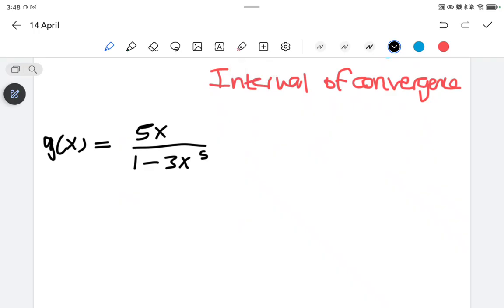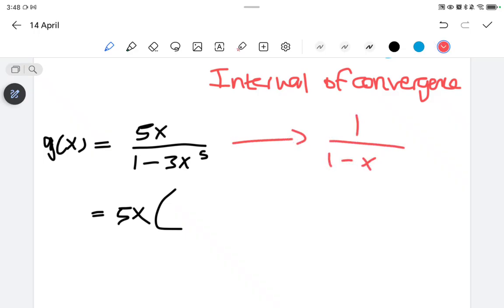Let's do this. Obviously we know that here we would need 1 over 1 minus x, provided that the absolute value of x is less than 1. So we would have 1 over 1 minus 3x to the 5. We agree there, right?